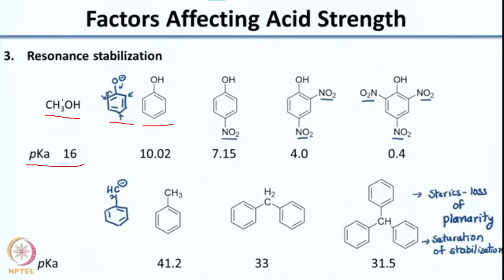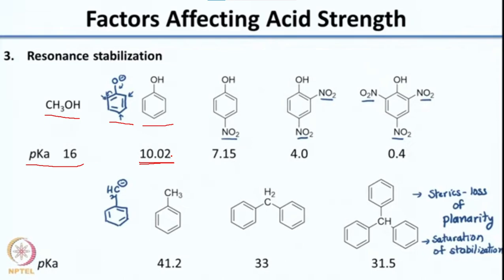When we replace this CH3 group by an aromatic ring, this aromatic ring will stabilize the negative charge here, because the negative charge is stabilized by the pi bond of the aromatic ring. The pK value will get reduced, and that's why it will give more acidity.